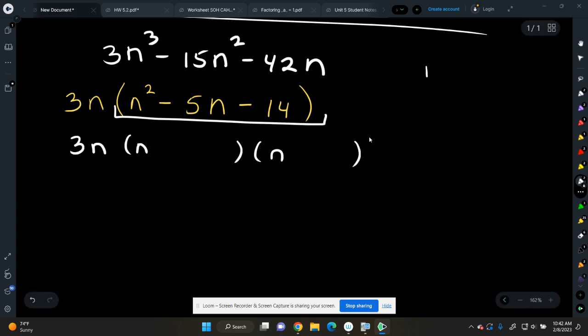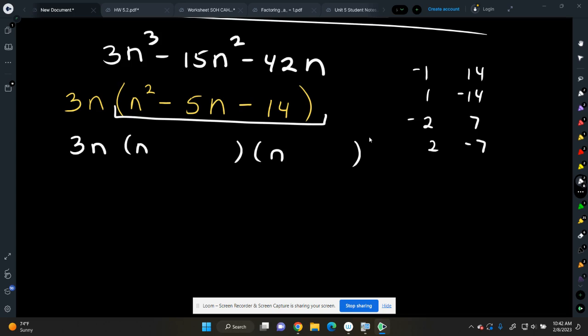Factoring the 14, I get 1 and 14. One of them has to be negative. Can I add those to get a -5? No. So then we do 2. 2 and 7. Can I add either one of those to get a -5? Yes. +2, -7. Okay.